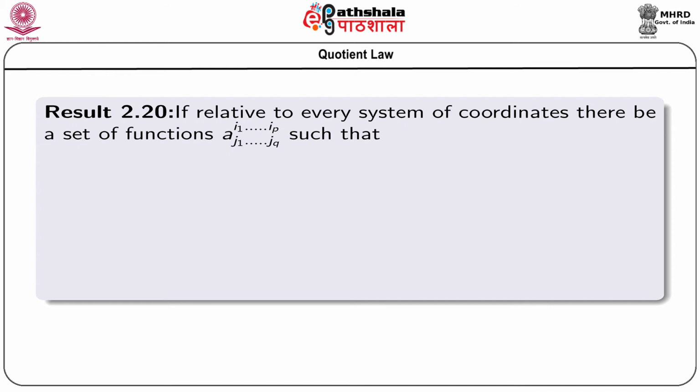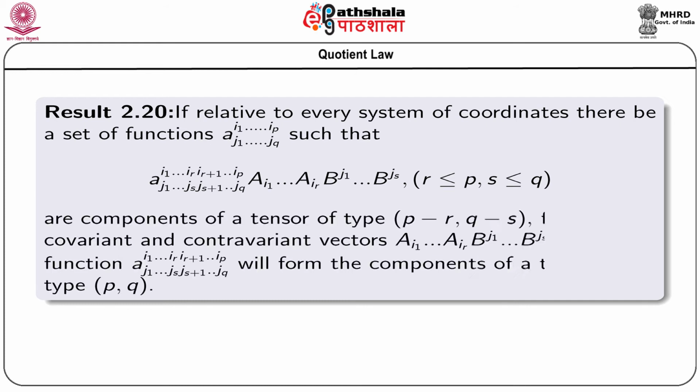So, we can write a general result: if relative to every system of coordinates there be a set of functions A(i1, i2, ..., ip; j1, j2, ..., jq) such that this relation holds, A(i1, ..., ir, ir+1, ..., ip; j1, ..., js, js+1, ..., jq) A(i1, ..., ir) B(j1, ..., js) are the components of a tensor of type p minus r, q minus s for arbitrary covariant and contravariant vectors A(i1, ..., ir) and B(j1, ..., js).